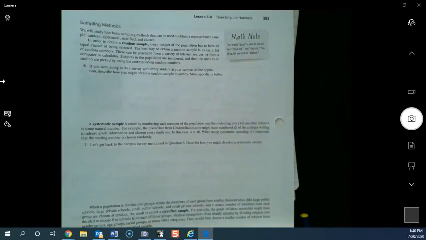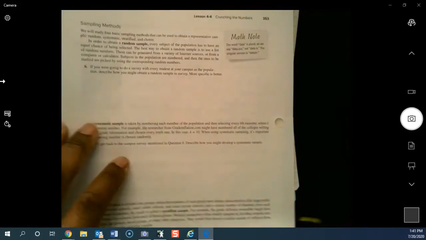Okay, number 6. If you were going to do a survey with every student at your campus as the population, describe how you might obtain a random sample to survey. More specific is better.